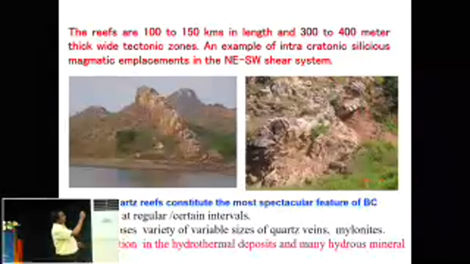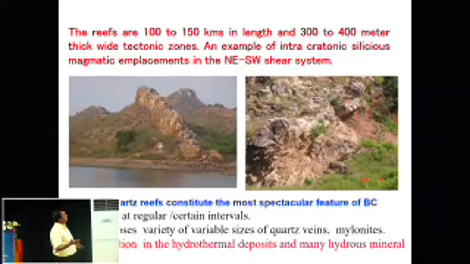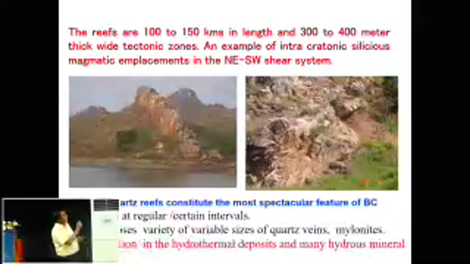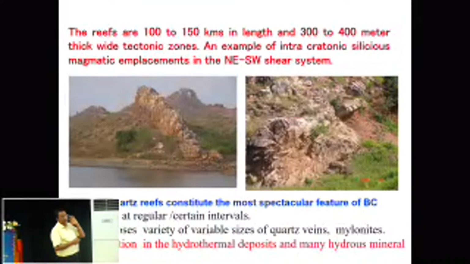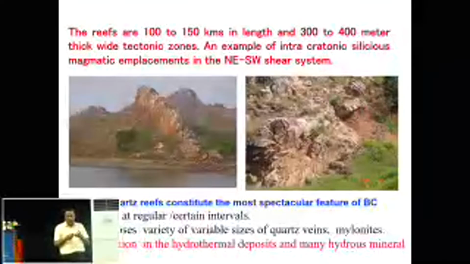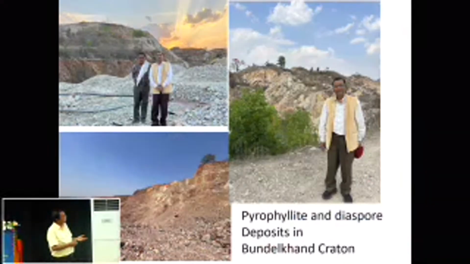The quartz reefs are 100 to 100 kilometers in length and 300 to 400 meters thick, a tectonic zone, an example of intracratonic siliceous magmatic emplacement in the northeast-southwest shear system. We have already fully described in one paper how the northeast-southwest shear system formed.